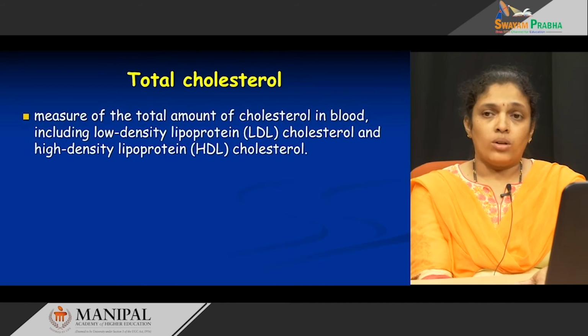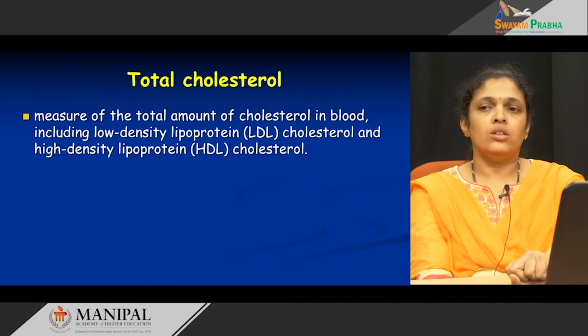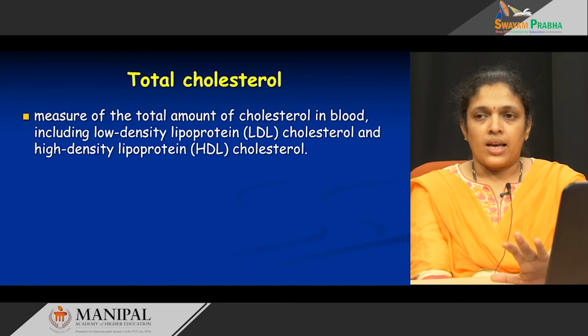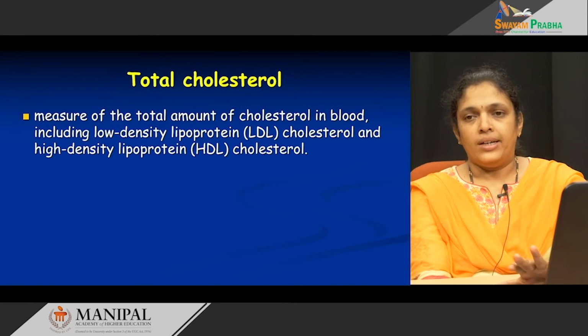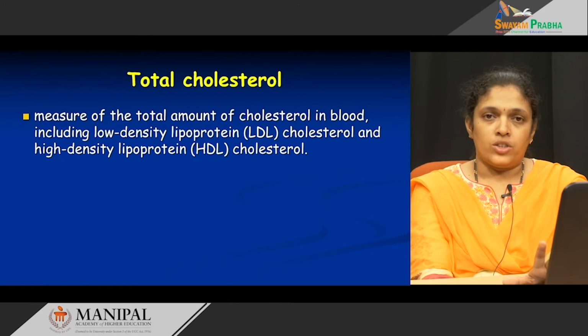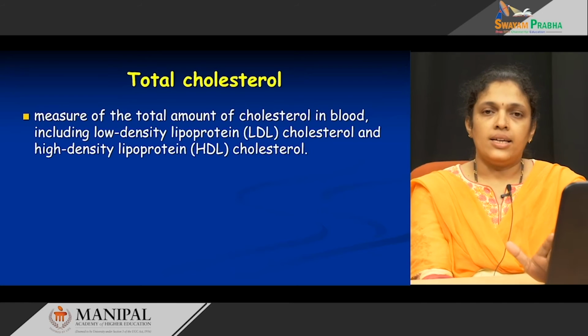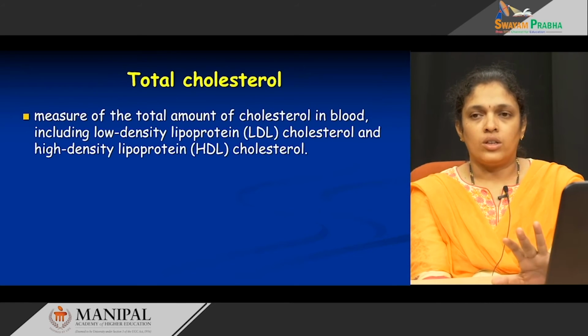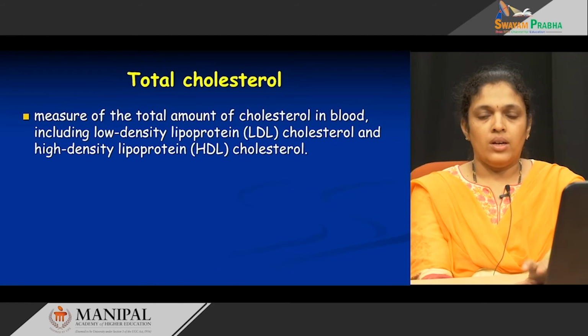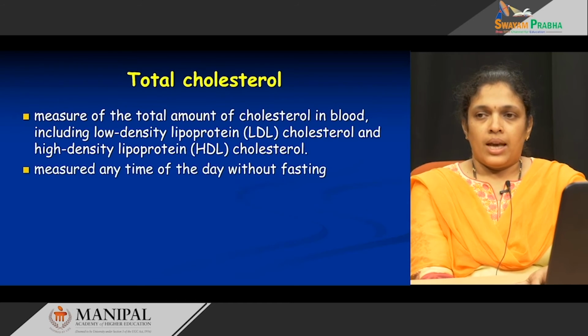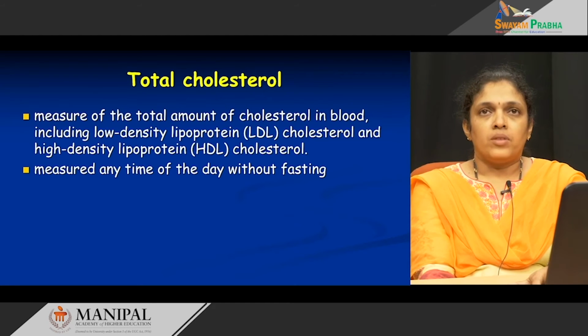Total cholesterol is the measure of the total amount of cholesterol in the body, wherever it is, whether as a part of LDL or a part of HDL. These two things together constitute the total cholesterol.